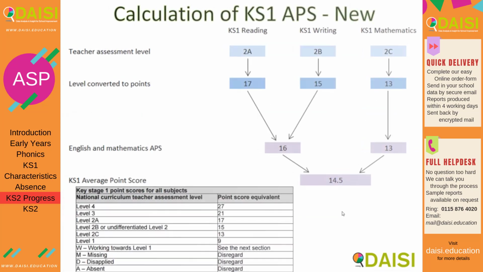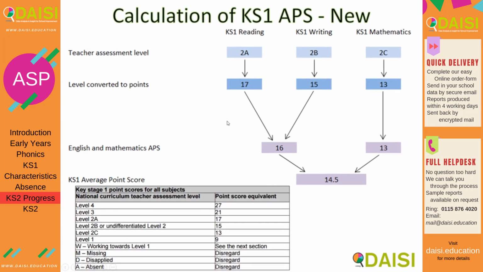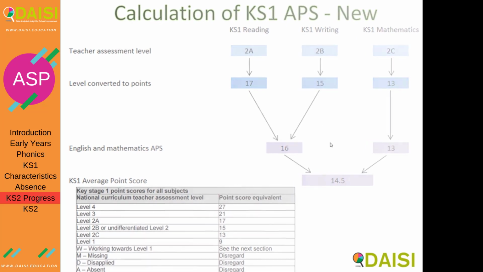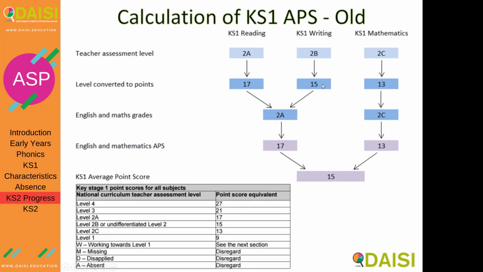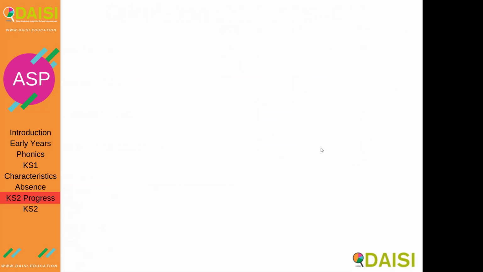The new method from 2016 is that your English mark is no longer reconverted into a grade. So what's the difference? Well, under the old version, 17 and 15 was averaged out to 16. There is no point 16. There's no grade for 16 points. So it got converted upwards, rounded upwards to 2A. Under this new version, it doesn't.